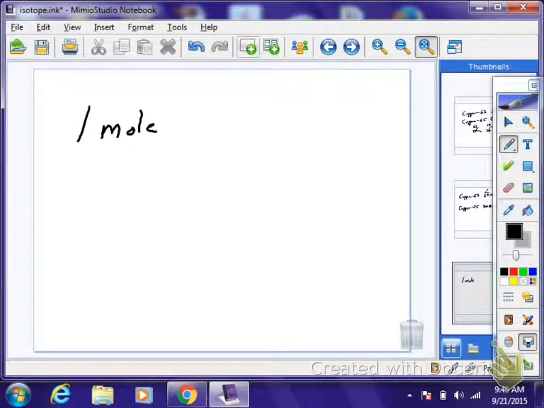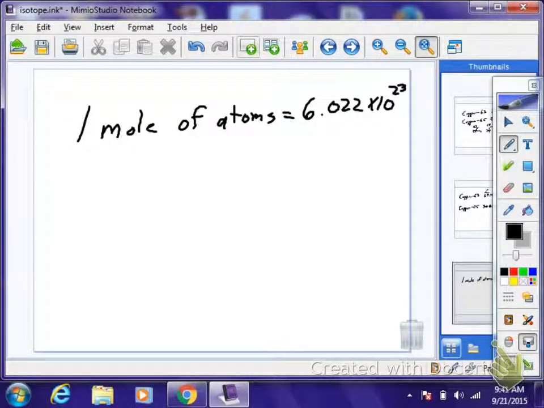But 1 mole of anything, and we'll say in this case atoms, is always equal to Avogadro's number, which is 6.022 times 10 to the 23. That means that if you take that number of atoms and put them all together, you're going to have 1 mole of atoms. It's like 1 dozen is equal to 12.